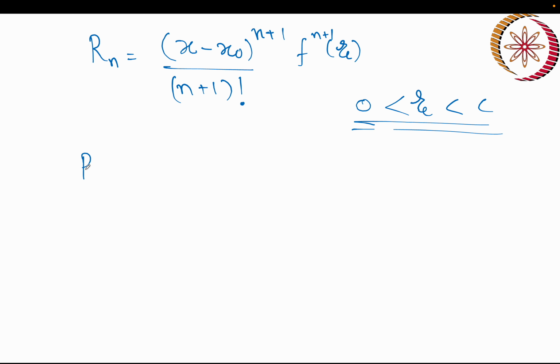Now we are approximating with a third degree polynomial, and x0 is 0, so it will be x raised to 4.